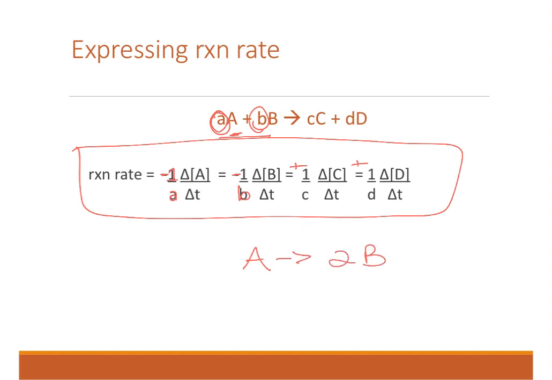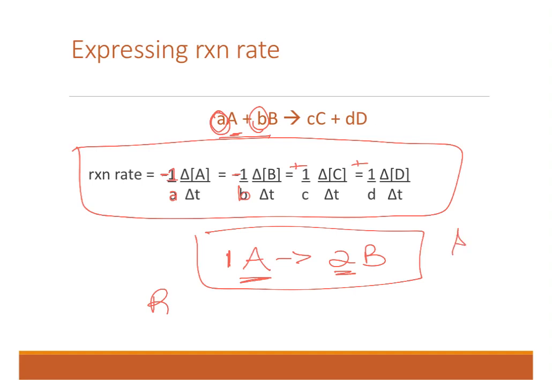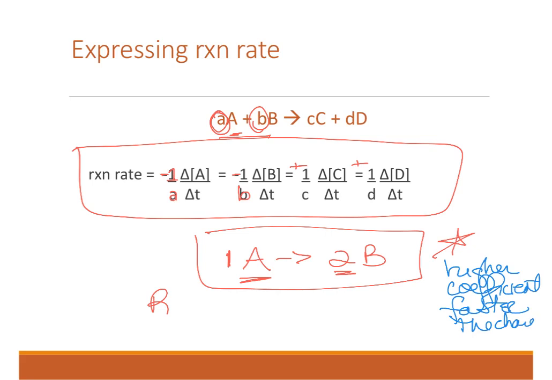Let's say we have a reaction where the reactant is A, and 1 A forms 2 B. First of all, if I asked you whether the rate of this reaction is faster in terms of A, faster in terms of B, or the same, the first thing to understand is that the higher the coefficient in the balanced reaction, the faster that substance changes. Higher the coefficient, the faster the change.